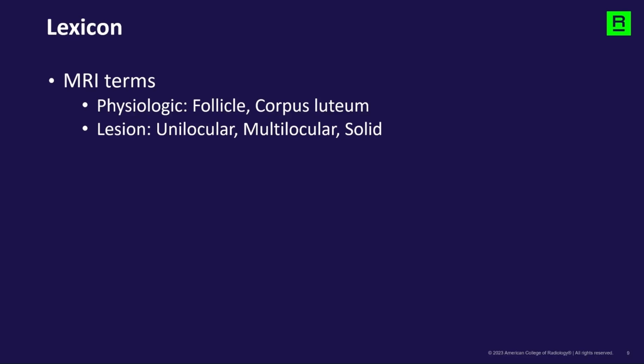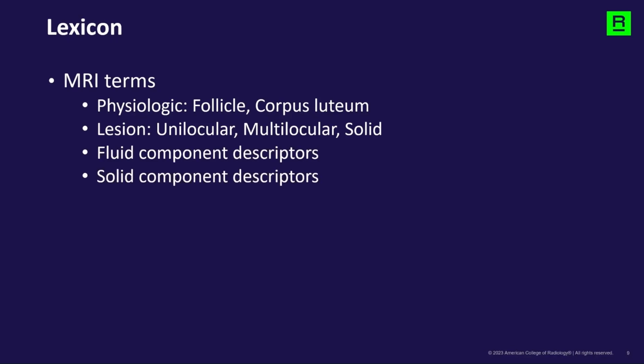And there are certain lexicon terms we will review, such as unilocular, multilocular, and solid, that are used to describe non-physiologic lesions. We will also review both fluid component descriptors and solid component descriptors in more detail, giving you the tools to utilize O-Rads MRI in your daily practice.